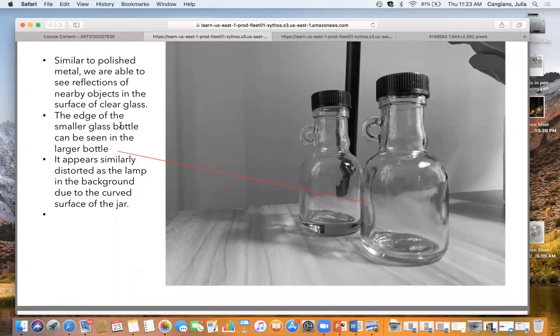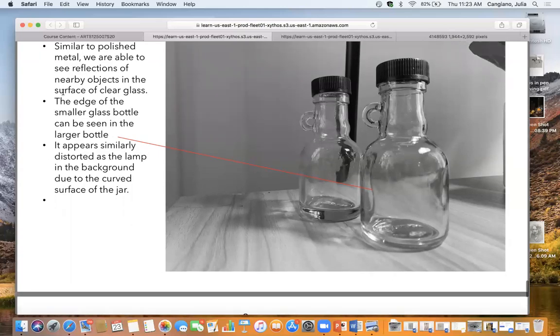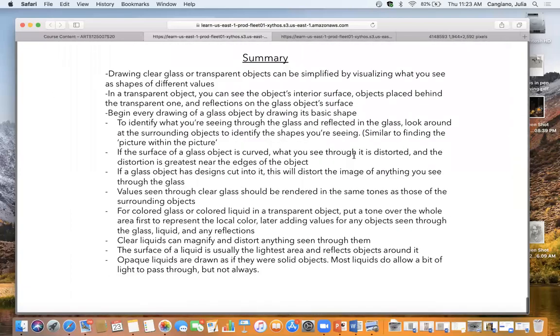It's going to depend on a lot of things, whether or not you can see so much in the surface reflections of the glass. But it appears similarly distorted as the lamp in the background due to the curved surface, like we just talked about.